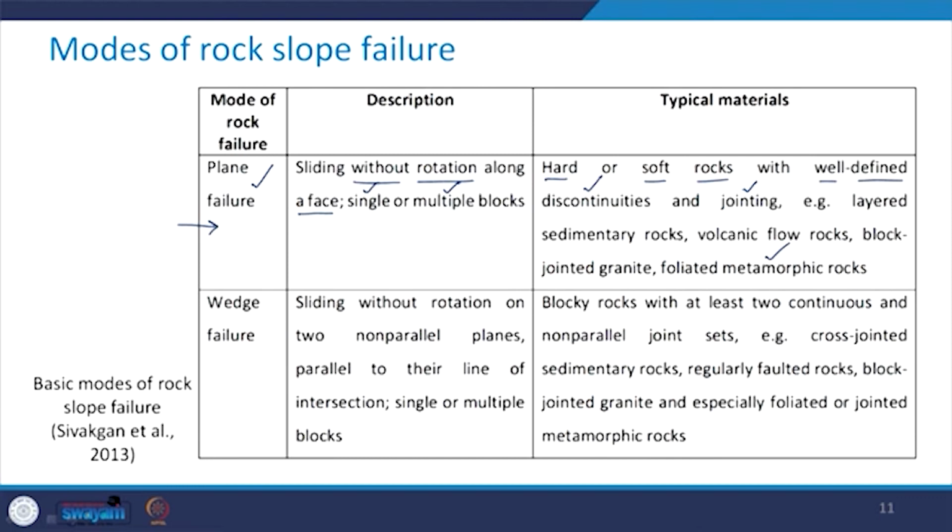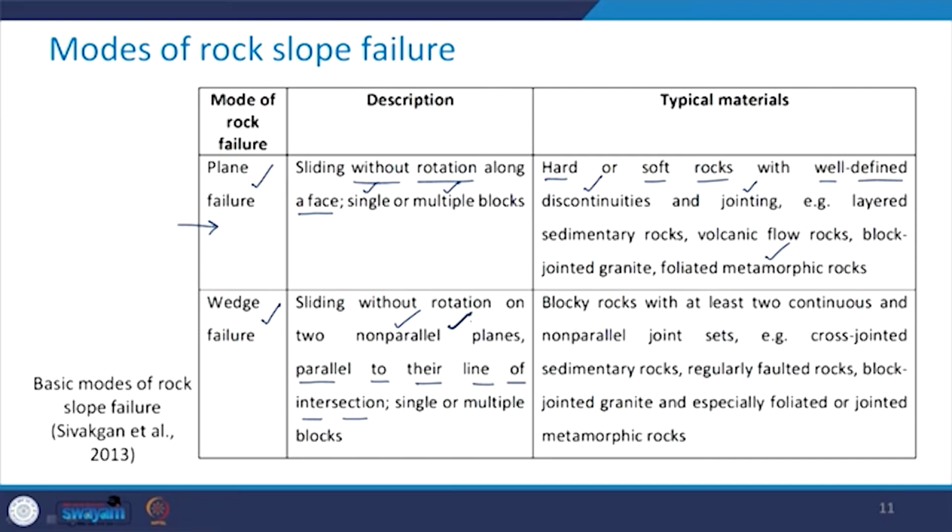The second mode of failure is the wedge failure, where there is sliding without rotation, but the sliding is on 2 non-parallel planes. This is important, that it is non-parallel planes. That means that the sliding will take place parallel to the line of intersection of these 2 non-parallel planes.